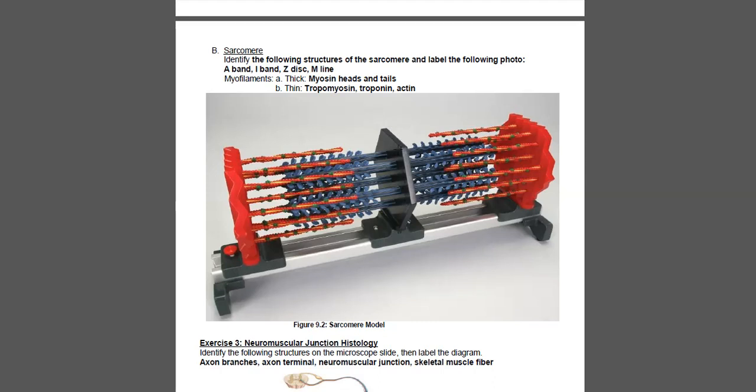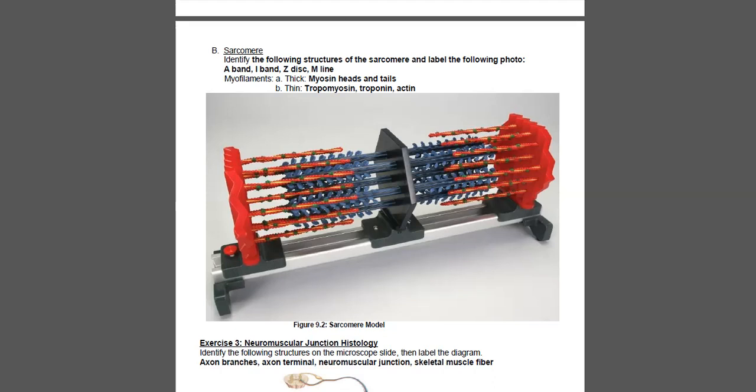A band and I band: go into the lecture, figure out where they are, what the difference between the A and I bands is, and then find those on here. I'm not going to point them out for you. If you think you know and you're questioning yourself, send me a message. I'll tell you whether you are right or wrong.